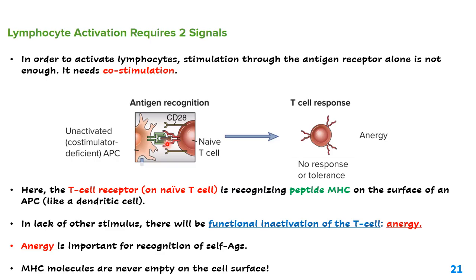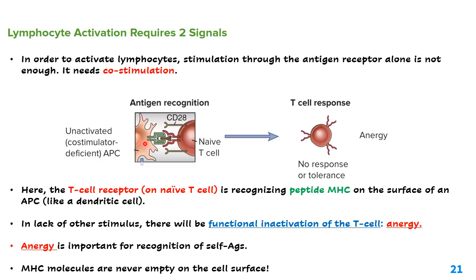So let's say something happened with the processing of antigen and a piece of your own peptide was put by mistake on MHC class 2. If you present this to a T cell and you activate the T cell, now the T cell is going to start looking for your own presented peptide in order to kill it.